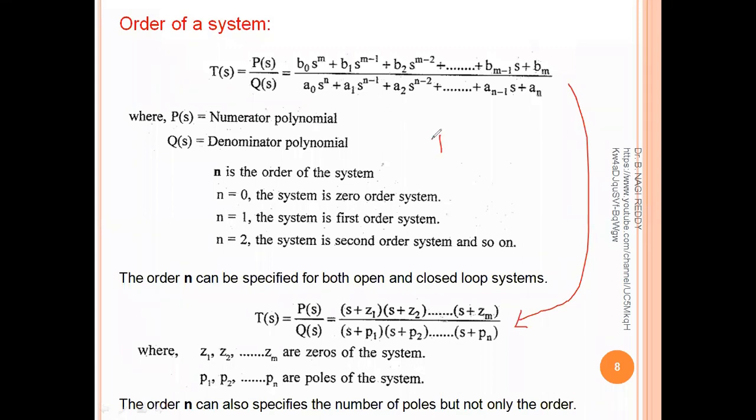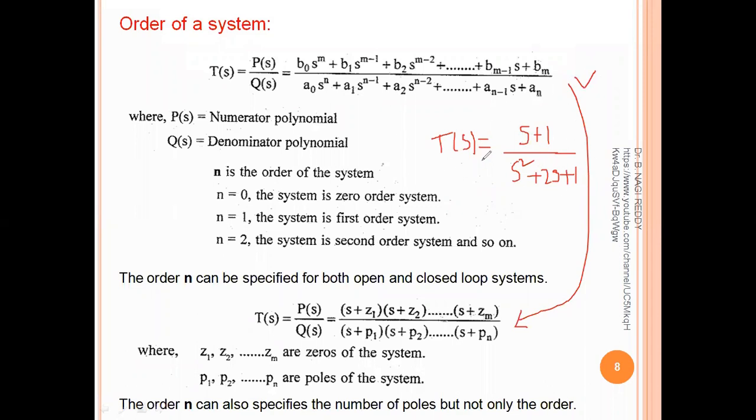For example, we have a transfer function T of S is equal to S plus 1 by S square plus 2S plus 1. So this is the transfer function that we have got. Consider this example.